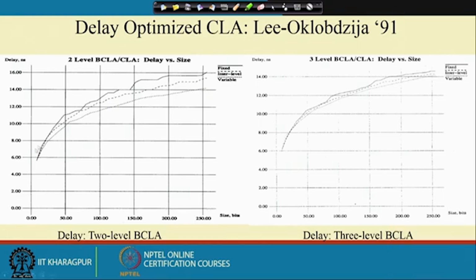In that case it follows a lesser delay. This is for 2 level CLA design. And if I follow 3 level CLA design, you see this variable level CLA gives us better result in terms of critical path reduction.